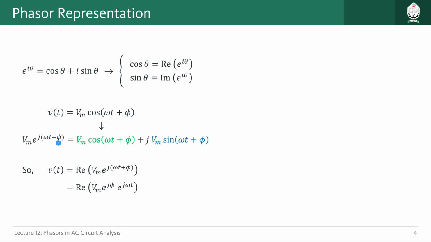From our previous knowledge, we know that e to the power x plus y can be represented as e to the power x multiplied by e to the power y. Using that concept, we can simplify this portion into this one. We have separated the phi portion from the omega t portion.